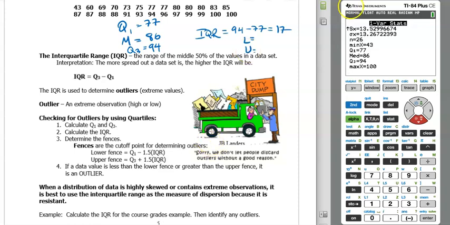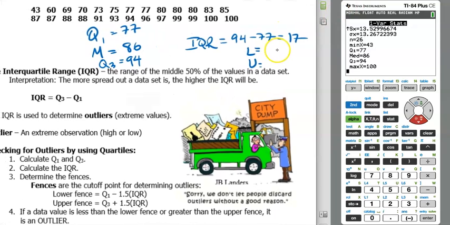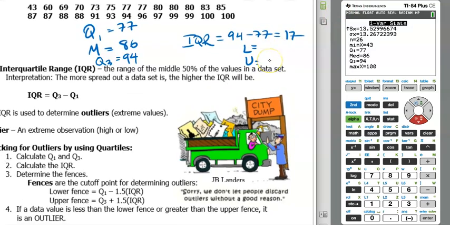For the lower fence, we take quartile 1, which is 77, and subtract 1.5 times the interquartile range, which is 17. For the upper fence, we have a similar calculation: we take the third quartile and add 1.5 times the interquartile range.